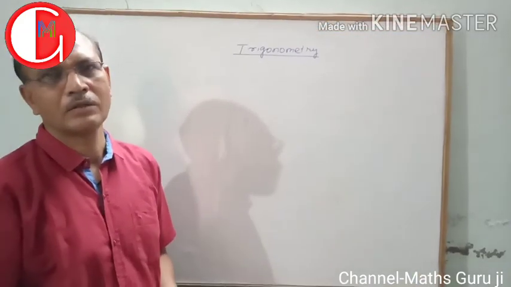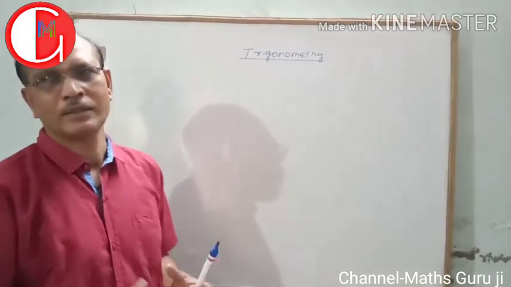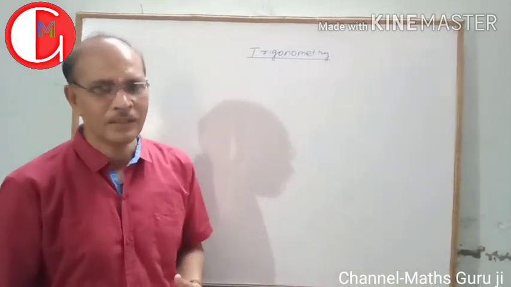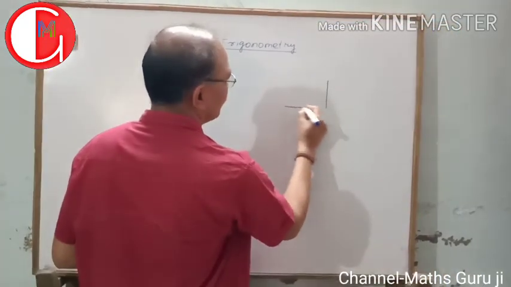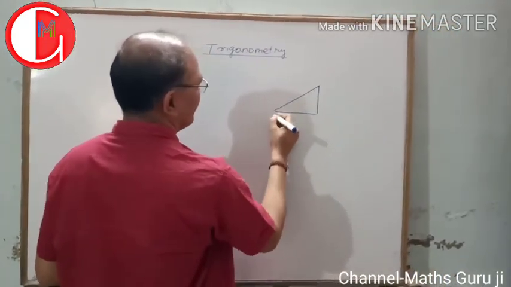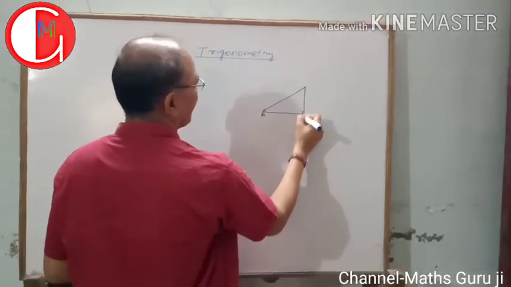Try to find out the ratio between tan and cot. So what is the value of tan A and cot A for acute angle A in a right angle triangle?